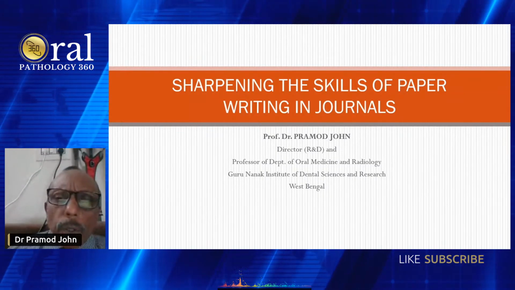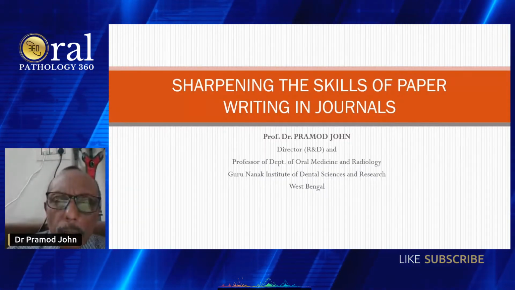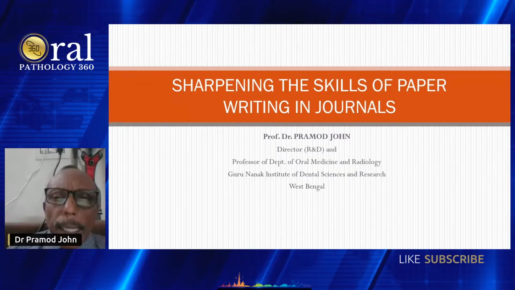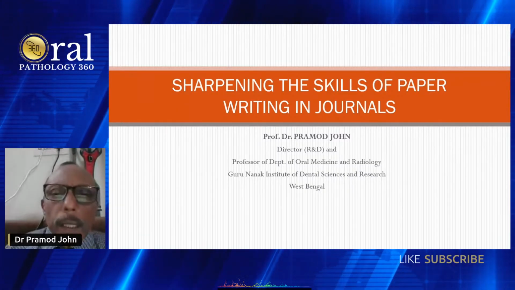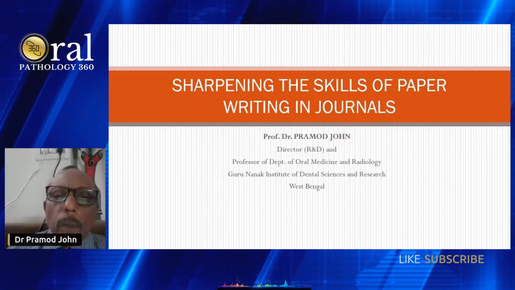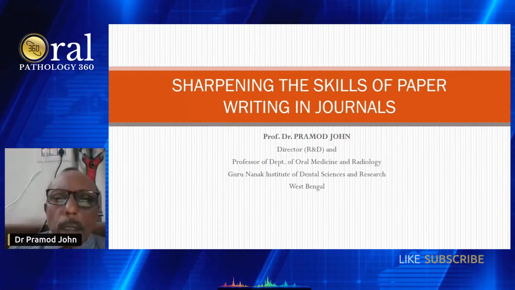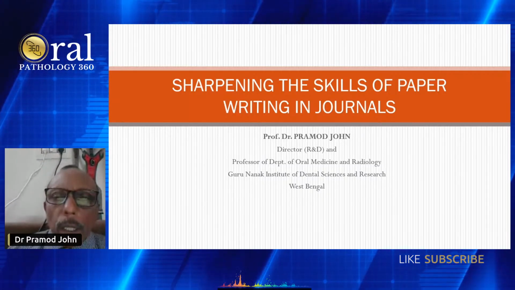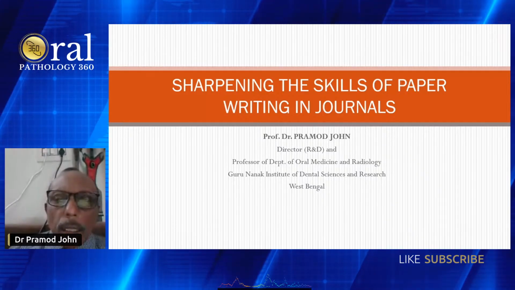I know that all of you are good writers. You can write publications, but for some people it comes handy, and some people need to develop it. So I had put the title as Sharpening the Skills of Paper Writing in Journals, because I will give you some tips so that you can improve your writing skills. So, shall we go?